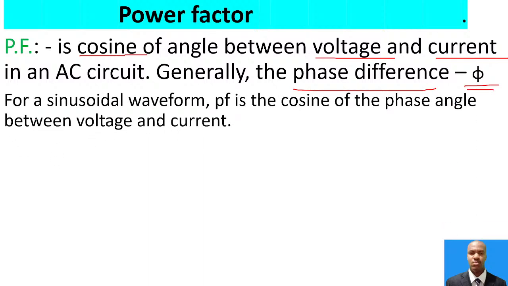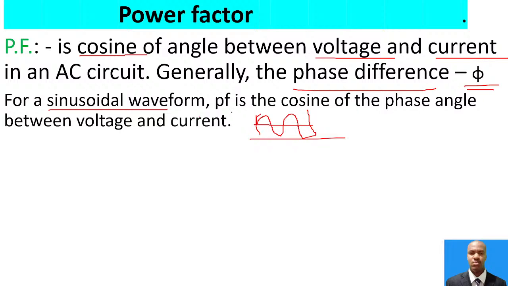Then for a sinusoidal waveform, and a sinusoidal waveform takes this form. It has the positive and the negative part. So this is what we refer to as a sinusoidal waveform.